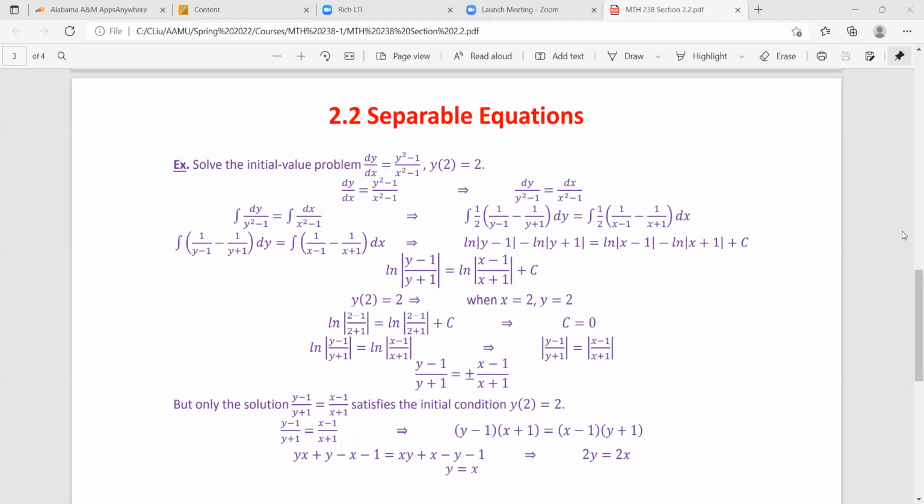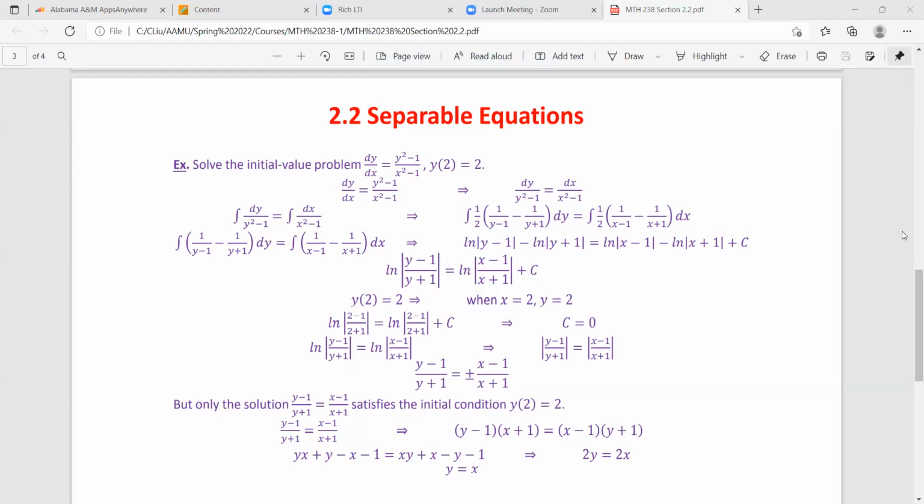Okay. So to integrate a fraction of 1 over y squared minus 1 on the left and 1 over x squared minus 1 on the right, basically, you're going to rewrite the integrand in each side as a difference in this case. So that's called the partial fraction decomposition. If you remember, that was covered in 112.